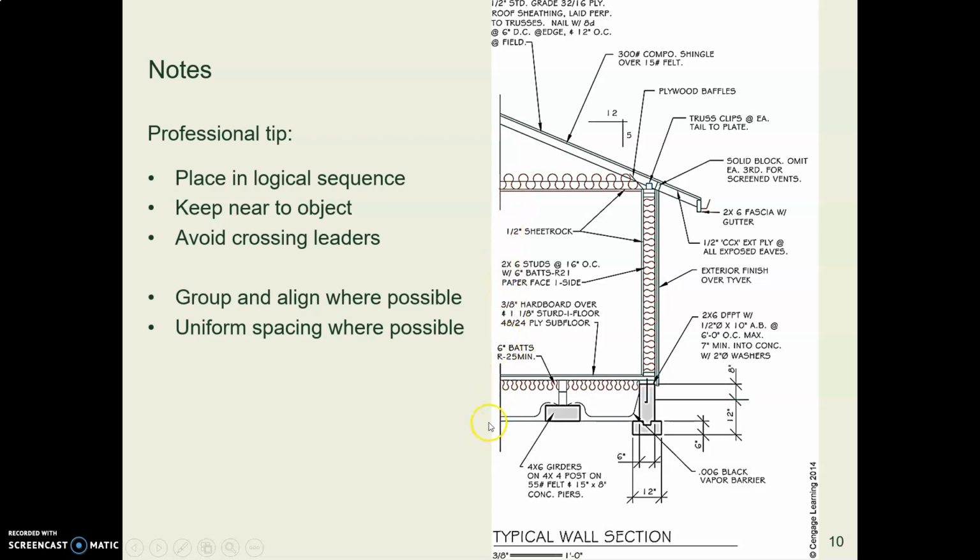He didn't do as good a job at that as some people do. But that really makes it easier for your builder to sort through all these words and find the one they want. And it makes you look good. Again, it's a professional looking drawing. Side to side, try to line them up as well too, like these are on the same level.